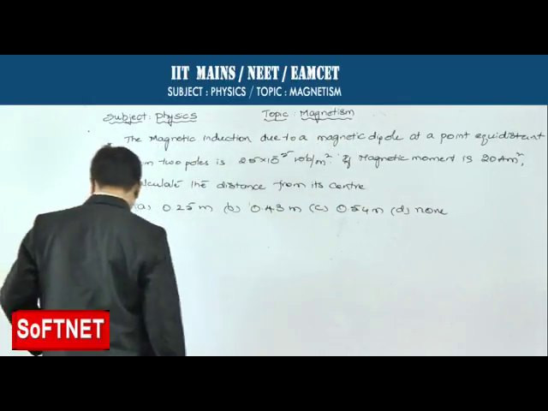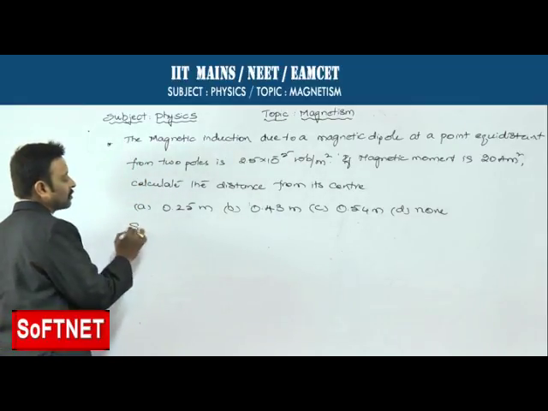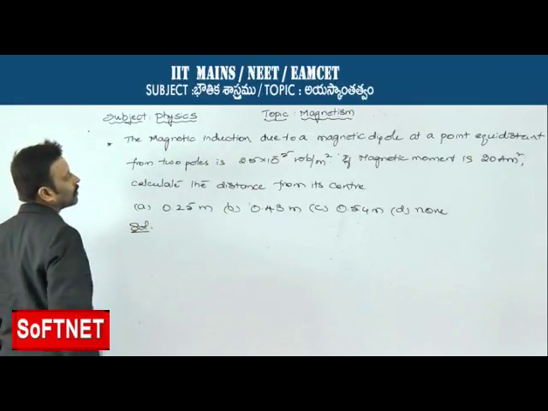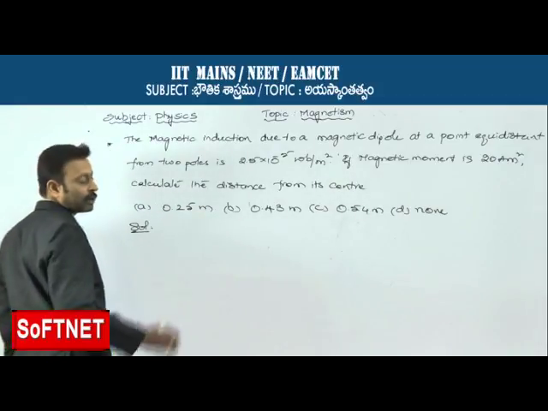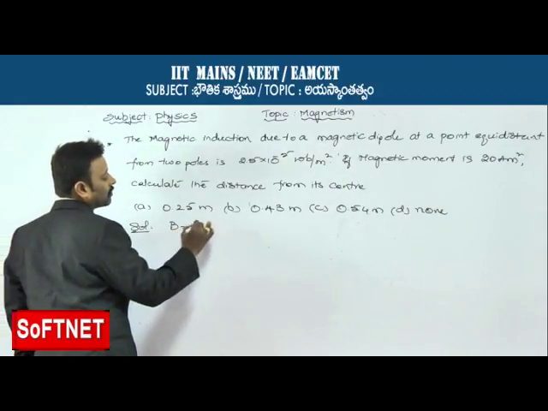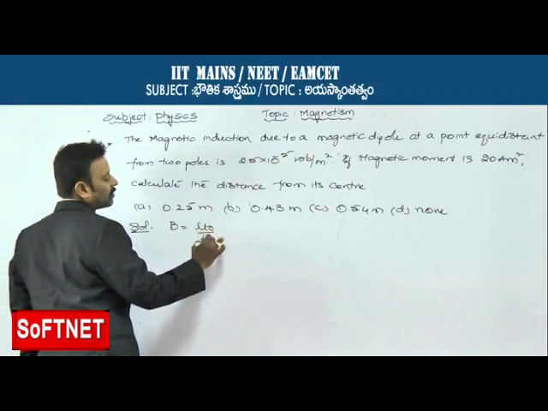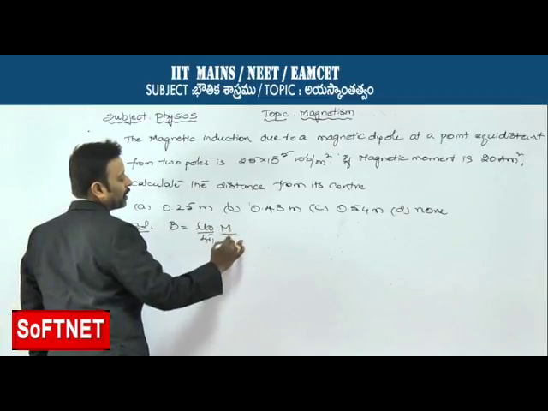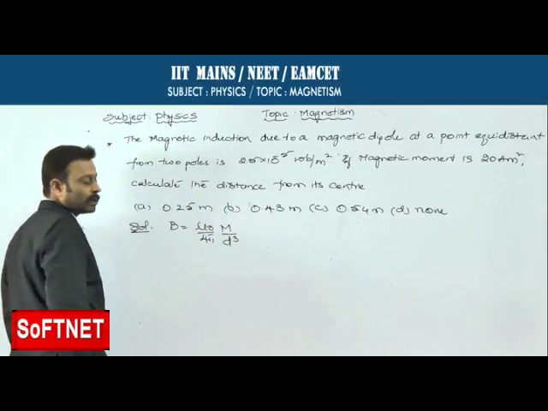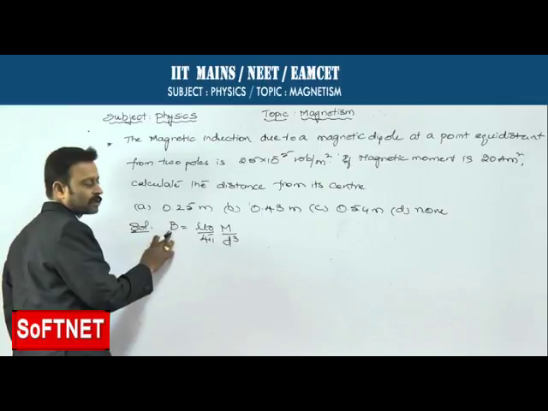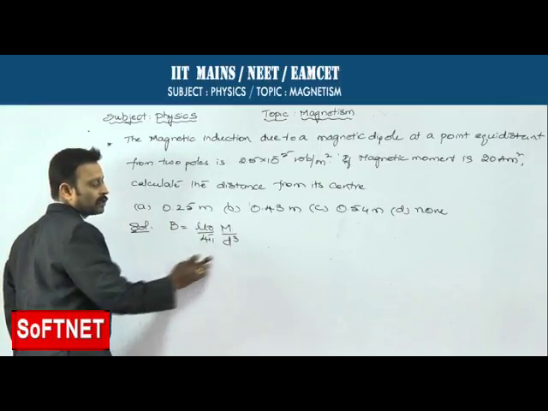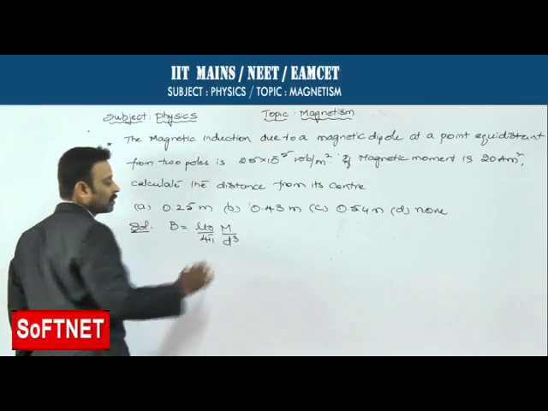The formula for magnetic induction due to a magnetic dipole is B is equal to mu naught by 4 pi, m by d cube. In this problem, the magnetic induction is given, the magnetic moment is given, you are asked to calculate the distance.